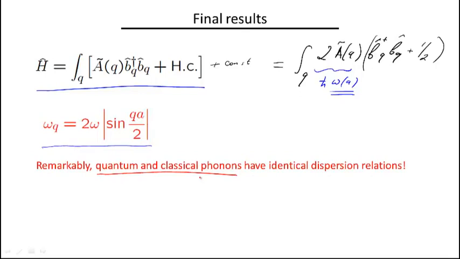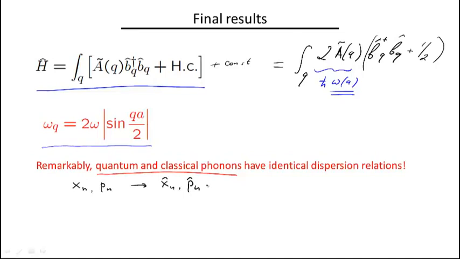We could have quantized our problem at any stage. In the solution I presented, we did so at the very beginning, converting the original coordinates and momenta of the atoms into quantum operators, x hat sub n and p hat sub n. And then we went ahead with this quantum calculation, the Bogoliubov transform.